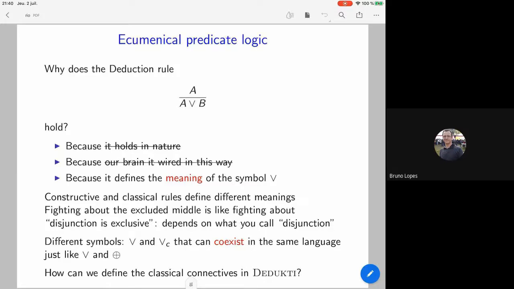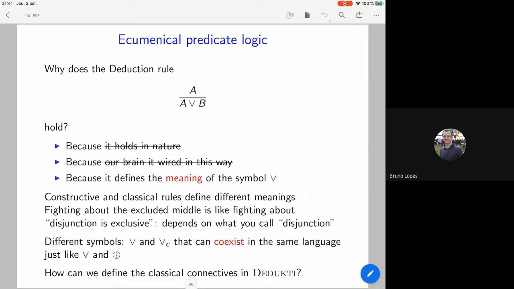And there are several answers that can be given to this question. The first one is that this deduction rule holds in nature. So in nature, each time we notice, or we judge, that A is true, then we can also notice that A or B is true, and it is a matter of fact.